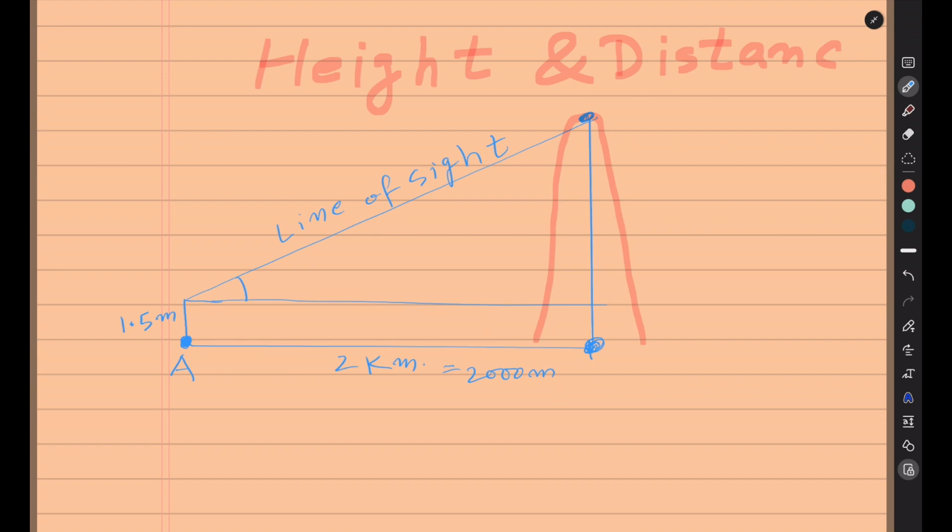So this is called the angle of elevation. And this is called the line of sight.